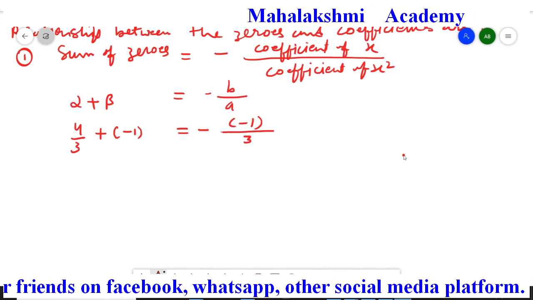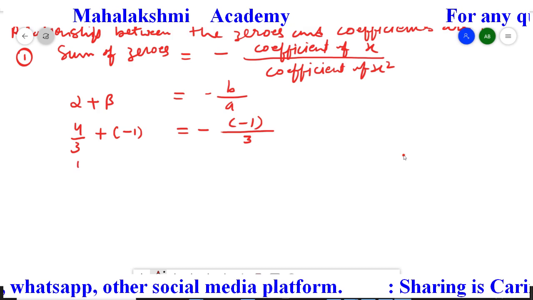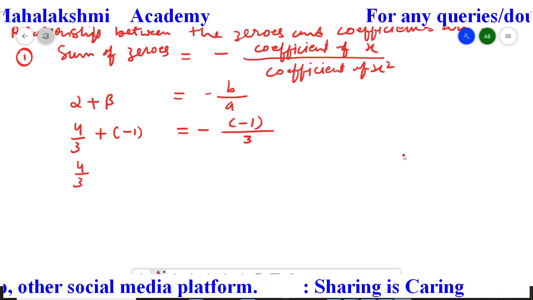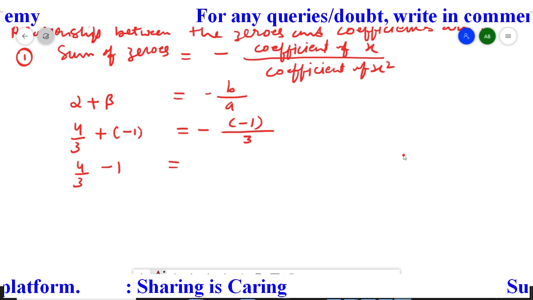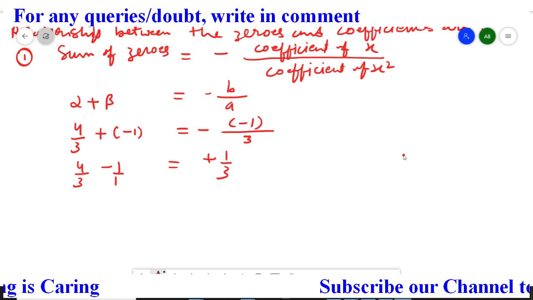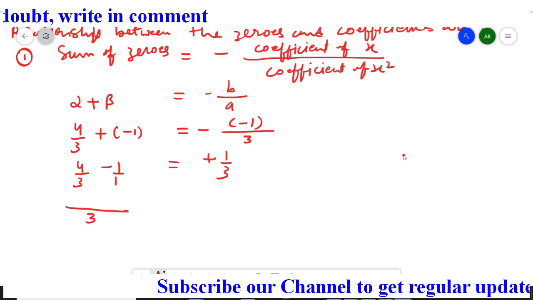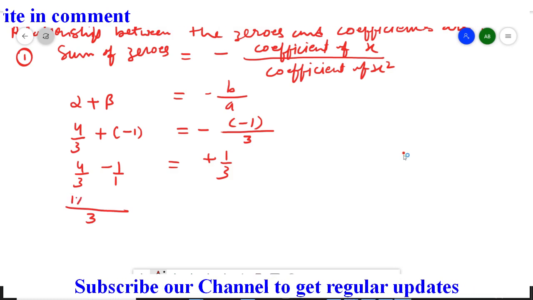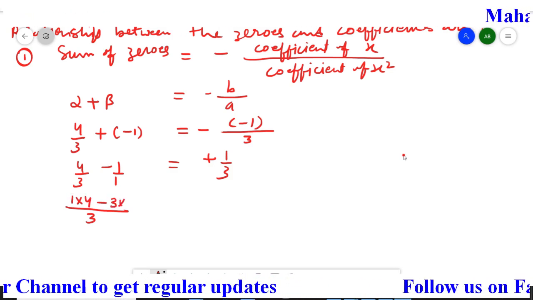Here first we solve both the sides. So 4 upon 3 as it is, plus minus minus 1, and here students when we open the bracket, minus multiplied by minus is plus 1 upon 3. Now here we will take the LCM. When we take LCM, 3 and 1 LCM is 3. 3 divided by 3 is 1, so 1 multiplied by 4, minus 3 divided by 1 is 3, so 3 multiplied by 1.